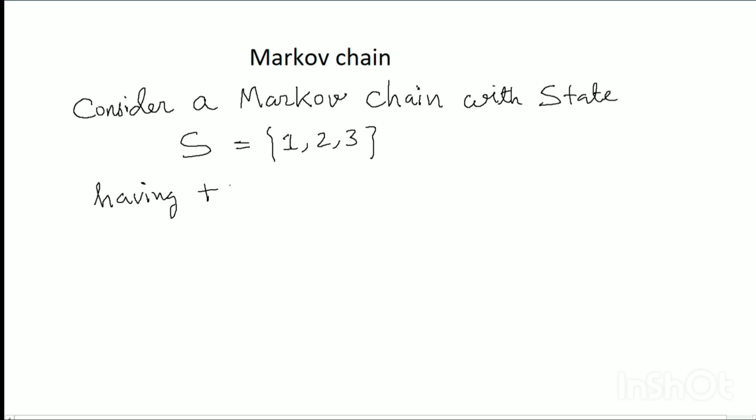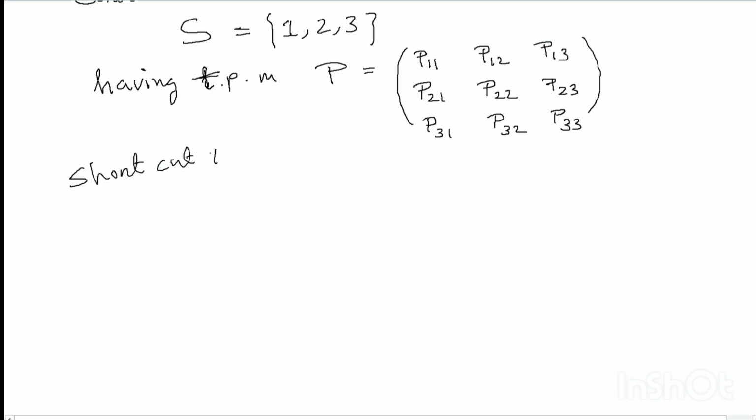It is called TPM, short form for transition probability matrix. So P equals P11, P12, P13, P21, P22, P23, P31, P32, P33.